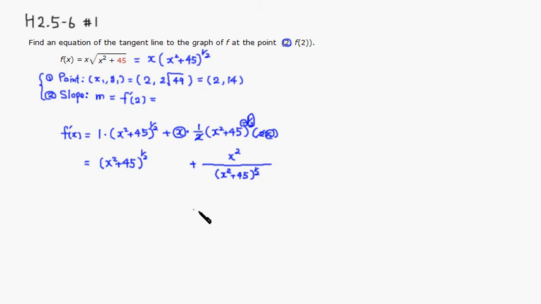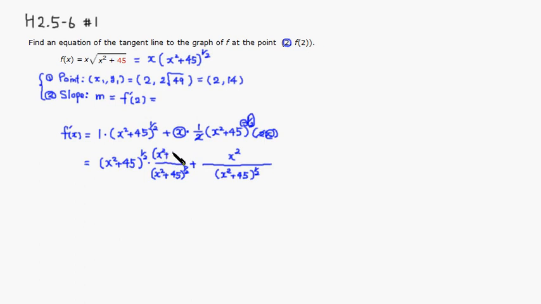So we need to somehow put those two things together. Then what you need to do is find a common denominator. The first term really doesn't have a denominator, so what you can do is multiply top and bottom by the common denominator, quantity x squared plus 45 to the 1/2 power. We have to do exactly the same thing on top and bottom, otherwise we're changing the quantity.